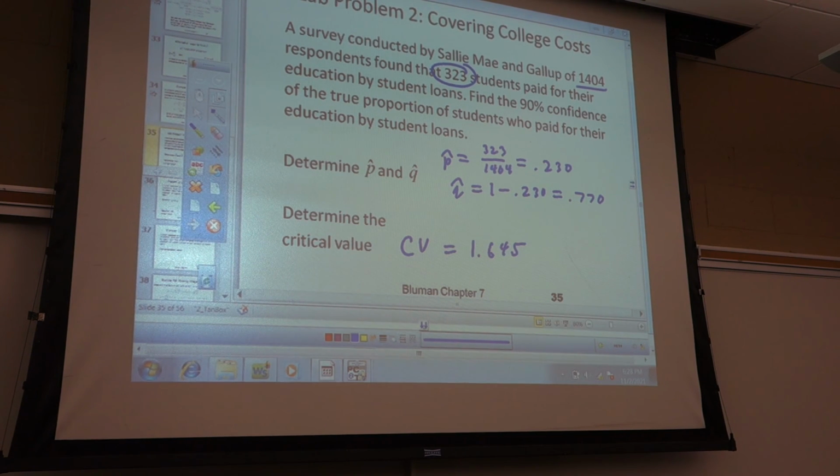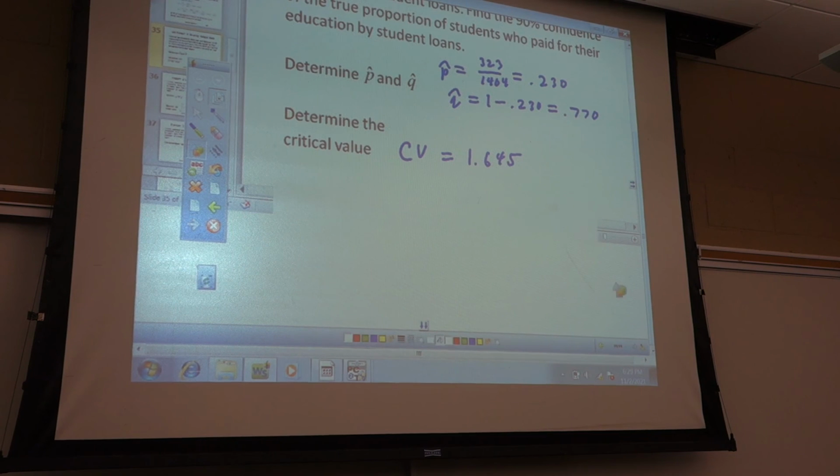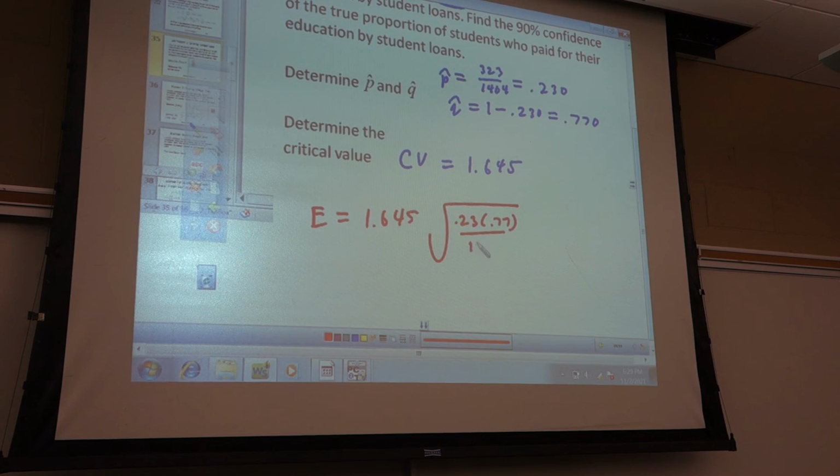Is everybody done already? Okay, then I'm just going to move on. All right, so then my error is my critical value times the square root of 0.23 times 0.77 divided by 1404.